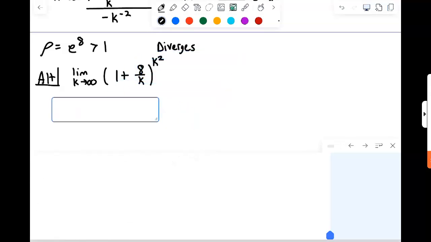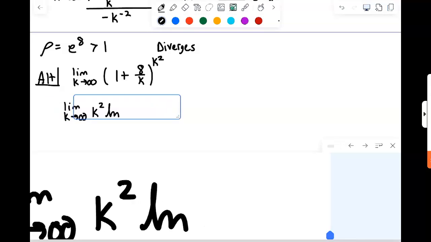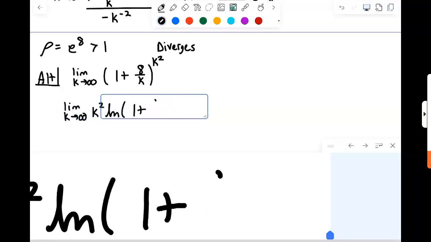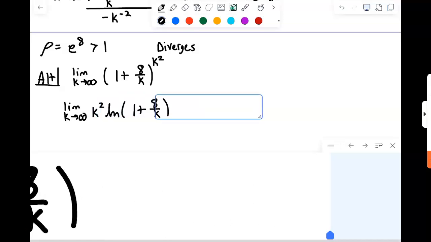So we apply ln. And we look at the limit as k goes to infinity of k squared times the ln of that stuff, 1 plus 8 over k. Okay, we then, again, as we've been doing, write it as log on top.